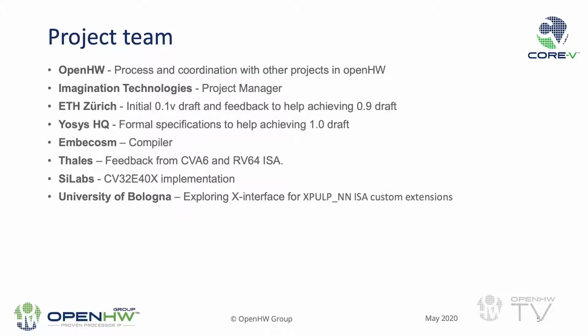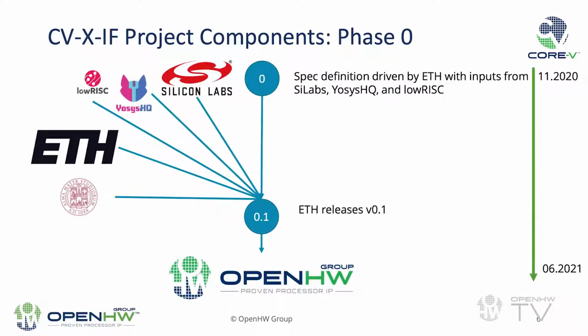Embecosm, we're going to be working on the compiler for the initial extensions. Thales will be giving feedback from the CVA6 and RV64 ISA. Silicon Labs on the CV32E40X implementation itself, supporting this interface. And the University of Bologna exploring the X interface for the XPulp NN ISA custom extensions. So we've got lots of contributors.